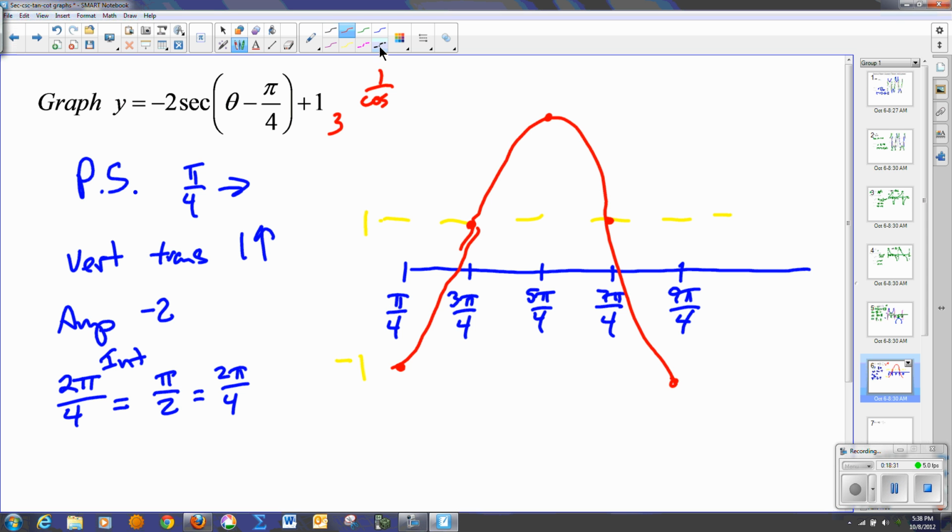So let's go ahead and do that. Everywhere I see a midline value or a value of 0, I'm going to have an asymptote. So that's here and here. Now, every place I see a resembling value of 1, I'm going to take its reciprocal.